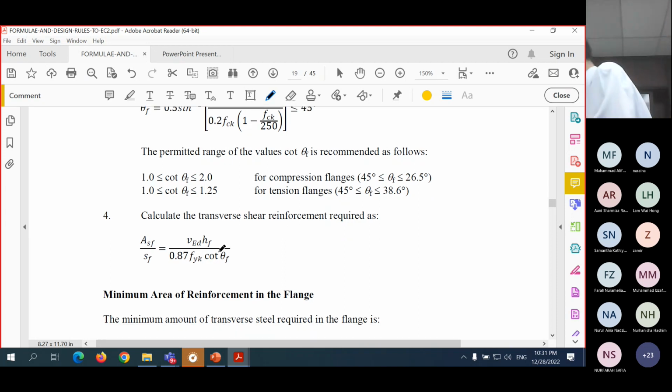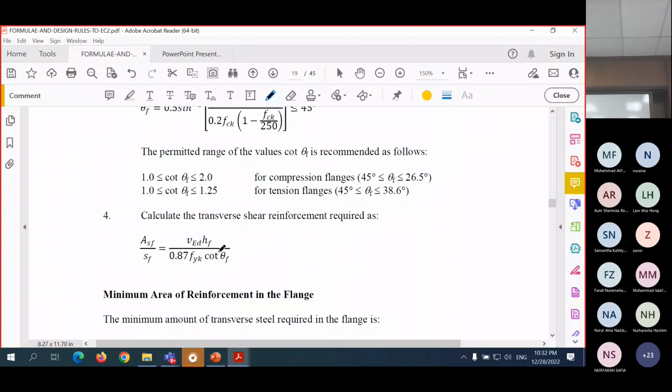So class, this involves more steps of calculation if you design for flange sections. But there are cases where you can take advantage of the slab. If you do, you can reduce the amount of reinforcement required, because the slab acts as a big compression area.